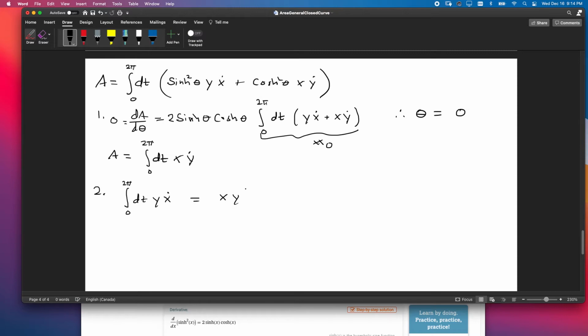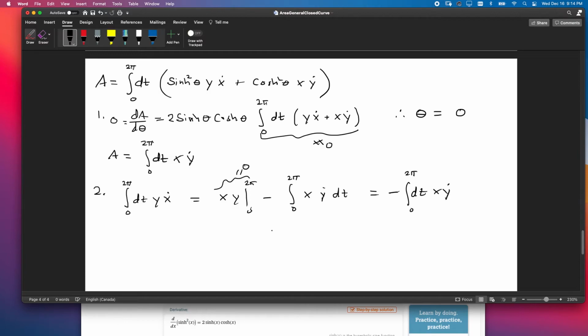It's xy from 0 to 2 pi minus the integral of v du, so my v is x, my du is y dot times dt. So this part gives me 0 because x at 2 pi is the same as x at 0, same as y. So this is just equal to minus the integral of dt x y dot from 0 to 2 pi.